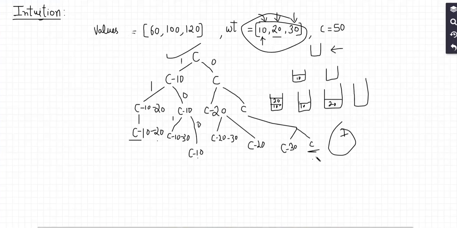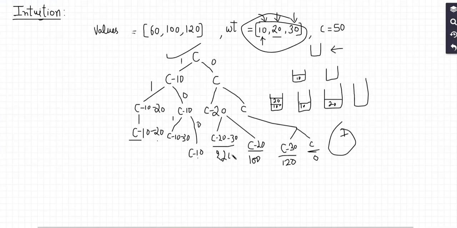Here we see the value is 0 because I haven't inserted even a single item into the knapsack. Here the value is 120 because item number 3 is present. Here only item number 2 is present, so the value is 100. Here item number 2 and item number 3 are present, so the value is 220.